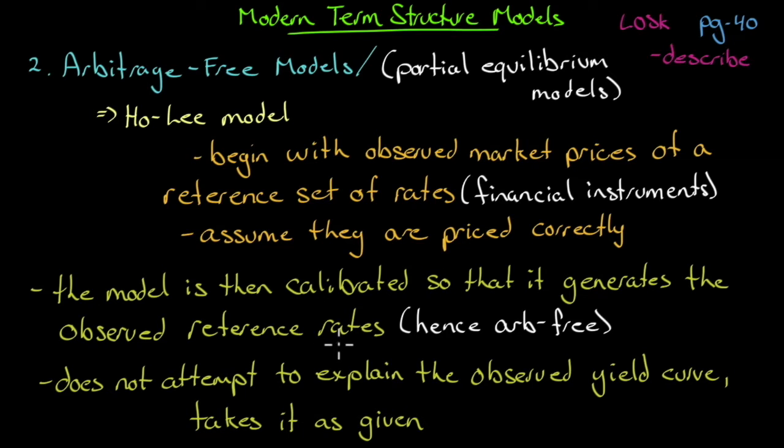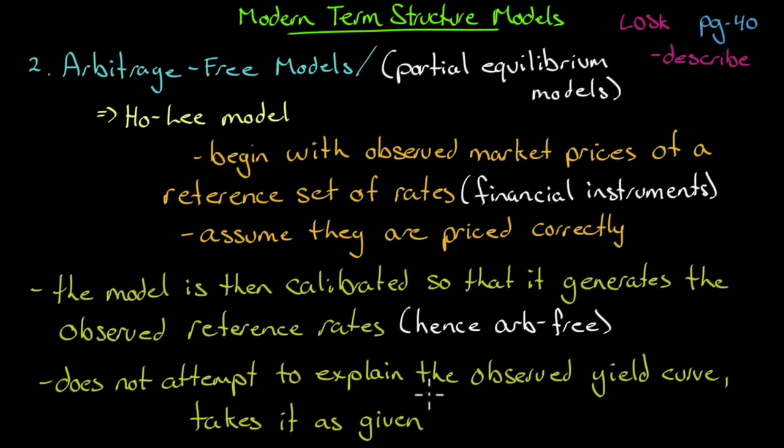In other words, they create the model that comes as close to describing what really happened as possible. And their thinking is, if we have a model that can describe the past as it happened, we can project it forward. We'll just assume those prices are correct and use those in the model. Hence, that's why it's called arb-free, because they assume they're correct to begin with.